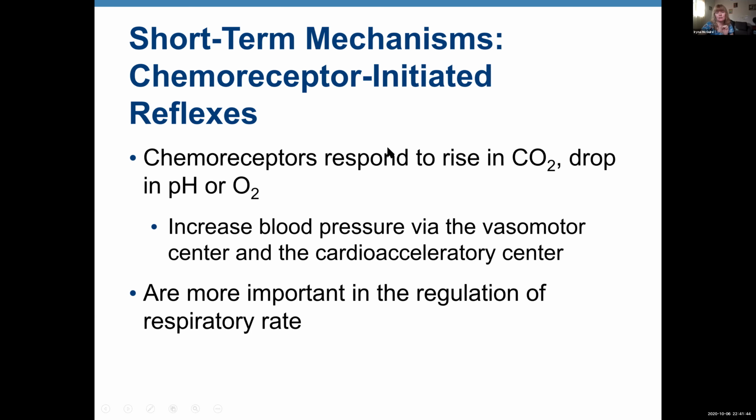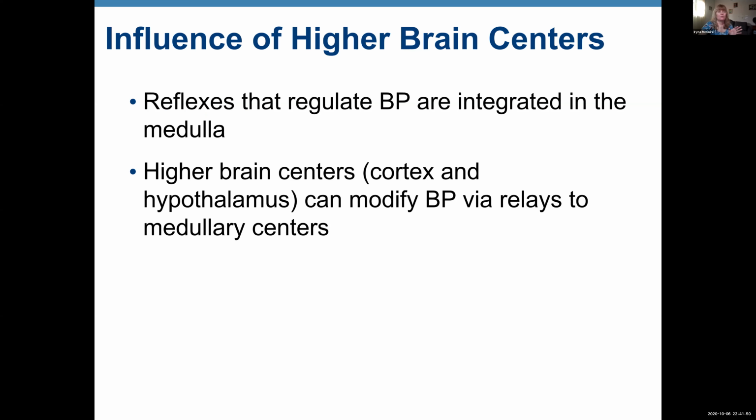But as I said, this mechanism is more important in regulation of respiratory rate. Now, higher brain centers: reflexes that regulate blood pressure are integrated in the medulla. We already said we have cardio-inhibitory, cardio-excitatory, and vasomotor centers, that's all in the medulla, but the cortex and hypothalamus can also modify blood pressure via relays to the medullary centers.